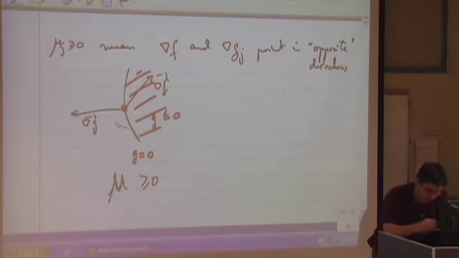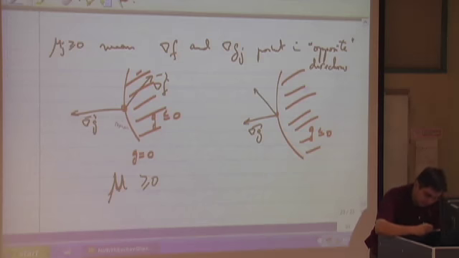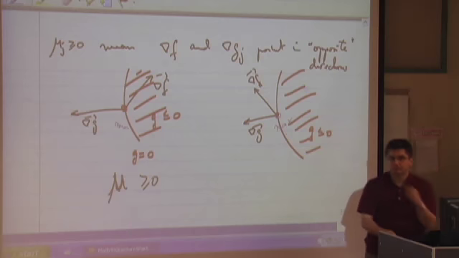Whereas if you had a picture like this, of course, this is g less than or equal to 0, right? So this is the feasible region here. And that's the gradient of g. To have something pointing outside of that would correspond to a maximum for f.